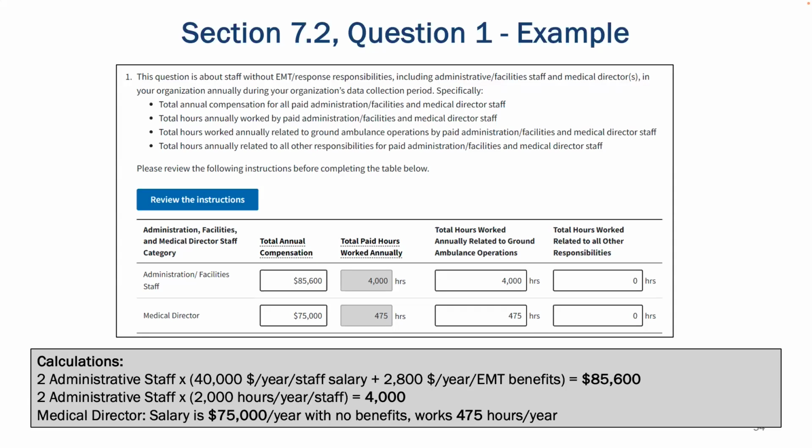However, this work is not associated with the ambulance organization. Therefore, in this case, the ambulance organization does not have to track down her salary paid by the hospital or hours worked at the hospital. The hours worked annually, unrelated to ground ambulance duties, only applies to work done for the ambulance organization.